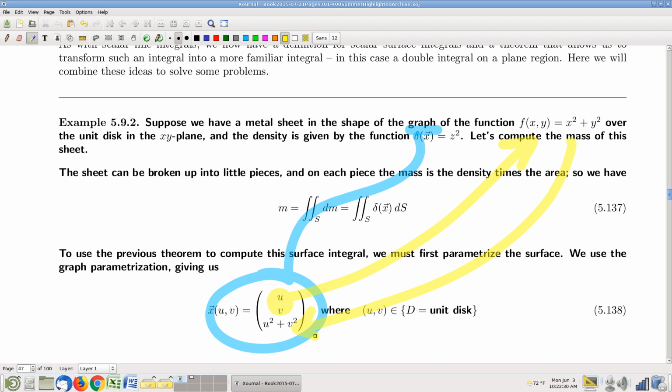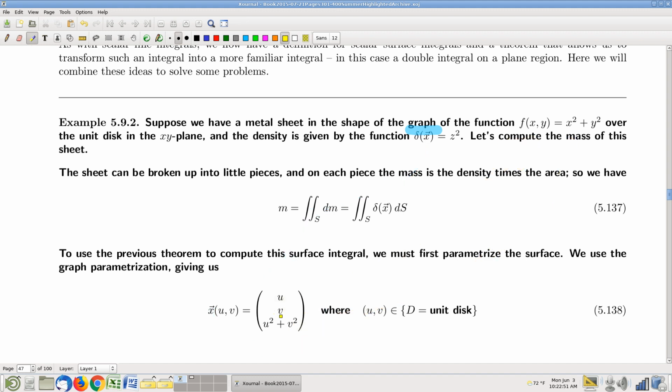It's straight out of Chapter 2. This is how to graph parameterize a surface. It's my favorite trick for parameterizing surfaces, and when you possibly can, this is a fantastic choice. It's not the only choice. There are variations, of course. Everybody on board so far?